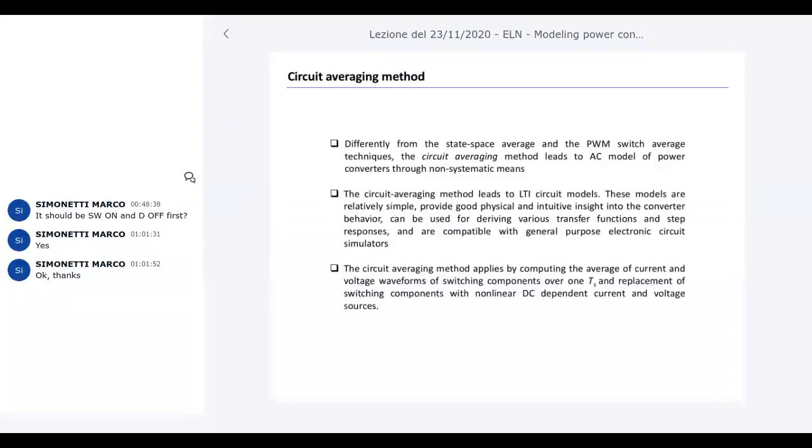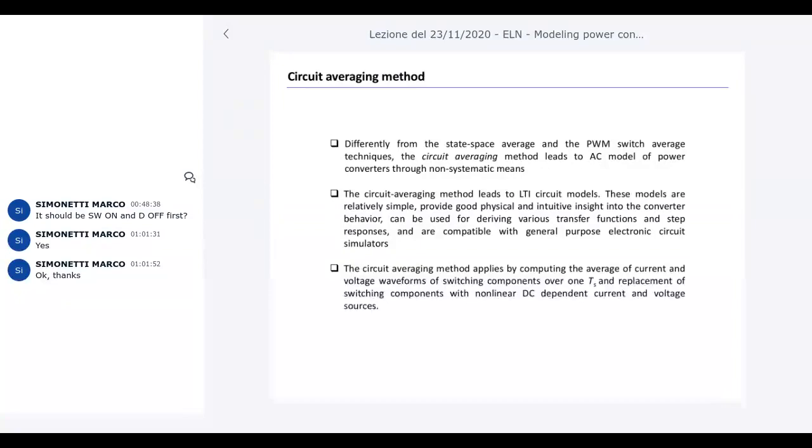That is basically a procedure, like the state space, because you have to derive the averaged model and then linearize, but it is a more circuital method. So there is a procedure, but you can apply it directly on the circuit. There is a little bit more insight into the physical meaning of what you are deriving, and so it can also be simple.